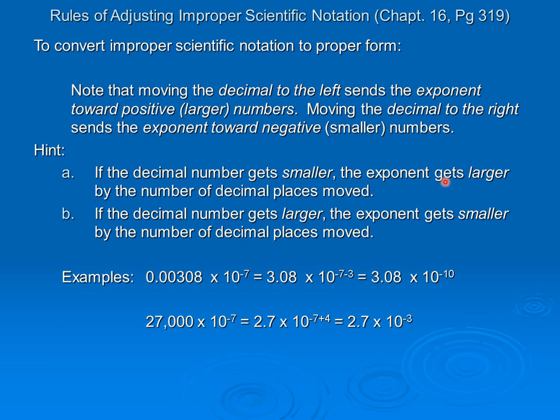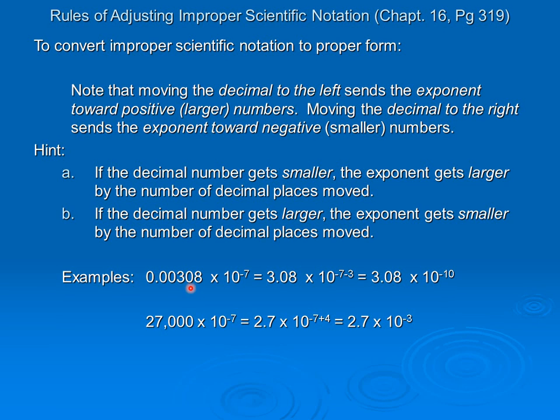For example, let's say this is a scientific notation, but look at the decimal point here. It's not in the right place because the decimal point should be right after 3. So you have to move it 3 positions to the right. But after you move it to the right, guess what?